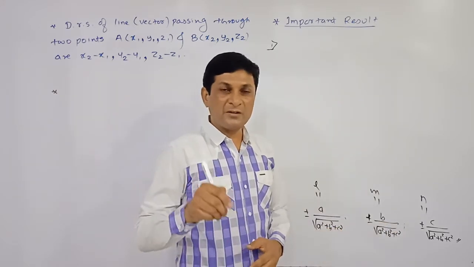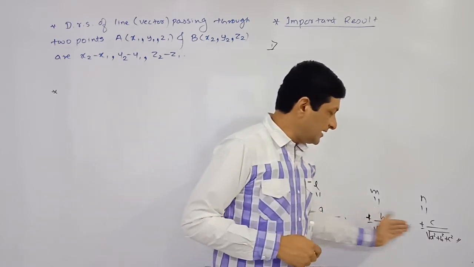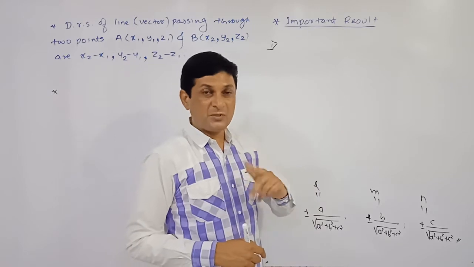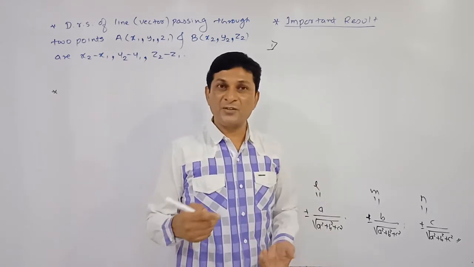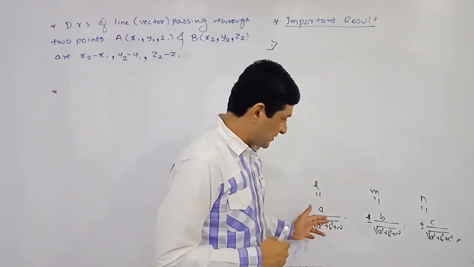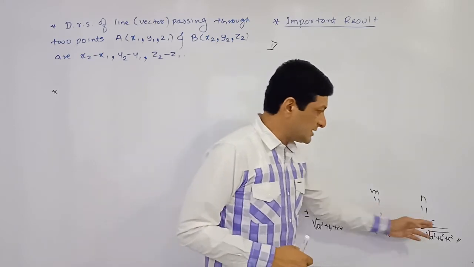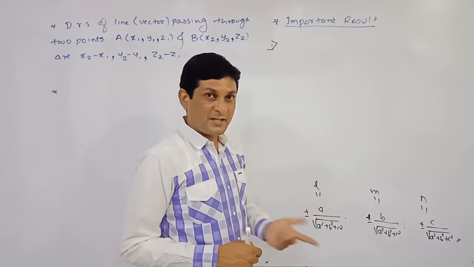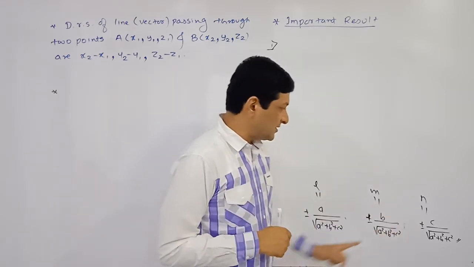Now if we take ratios of these three numbers, these three numbers being direction cosines, whenever we find a ratio, we cancel the common factor, isn't it? Now observe these three numbers, first, second and third. This is l, this is m, this is n. These three numbers are direction cosines. If we take the ratios, we cancel the common factor. So observe which is the common factor in these three numbers.